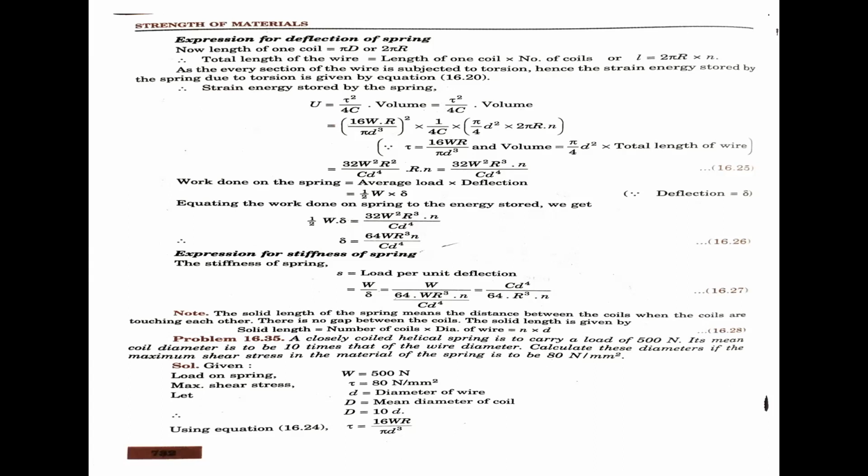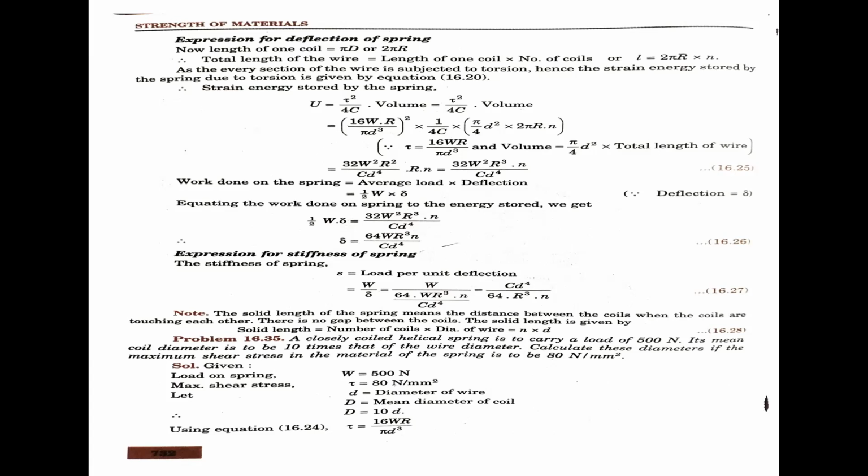Therefore, the total length of the wire is equal to the length of one coil into the number of coils, or L equal to 2 pi r into small n. As every section of the wire is subjected to torsion, the strain energy stored by the spring due to torsion is given by equation 16.20.